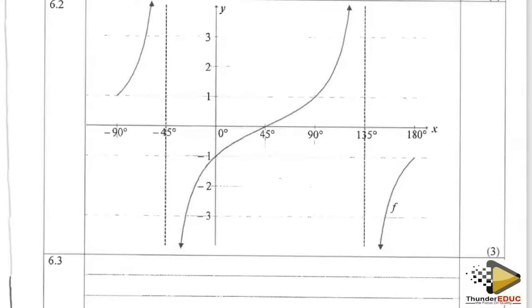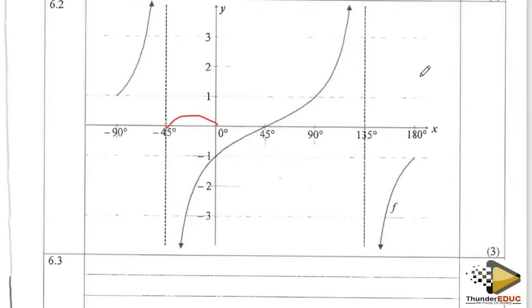We don't have a g, so we can ignore that and just press equals. We're starting from negative 90. We are ending at positive 180. Our steps are steps of 45.